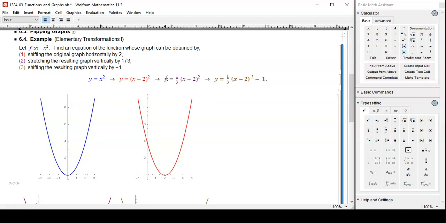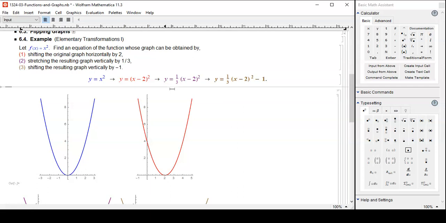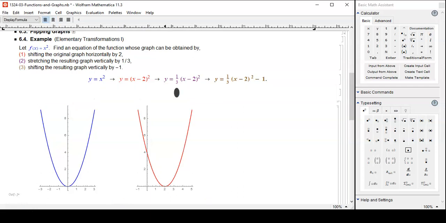Then replace y by 3y. So 3y equals, so y equals x minus 2 squared. From here, 3y equals x minus 2 squared.